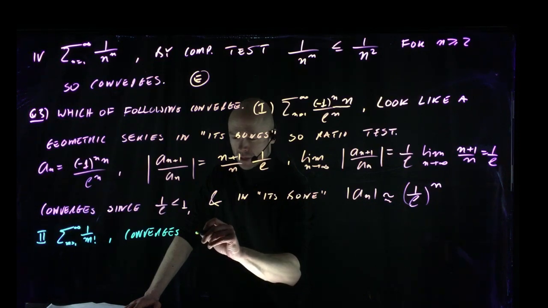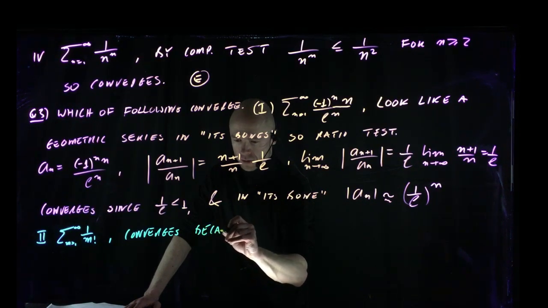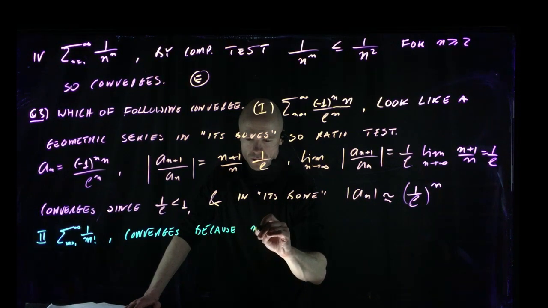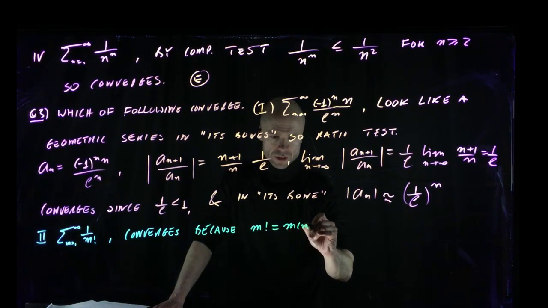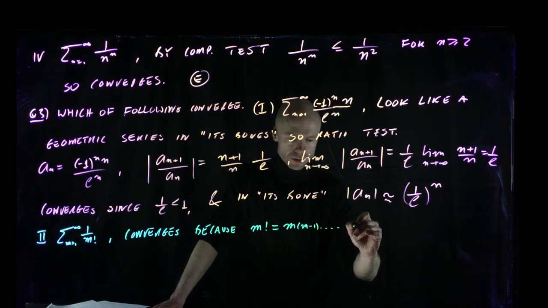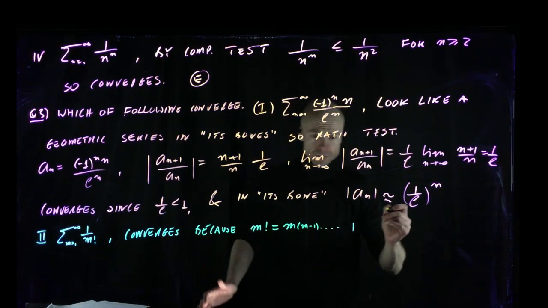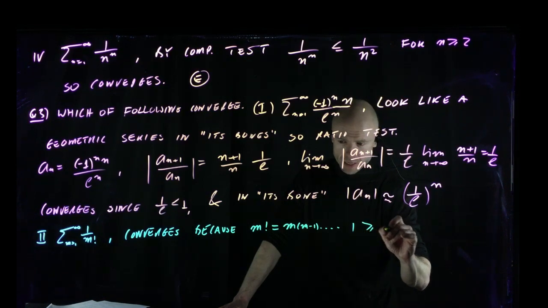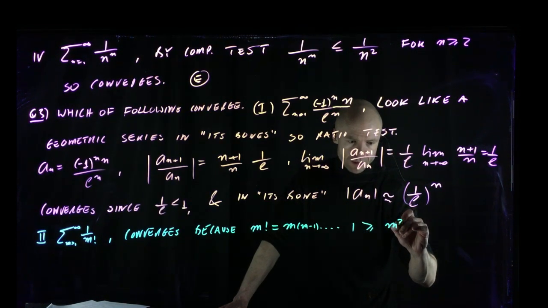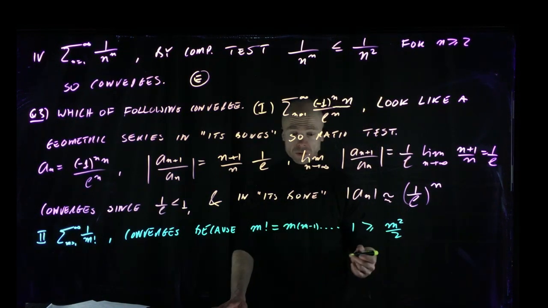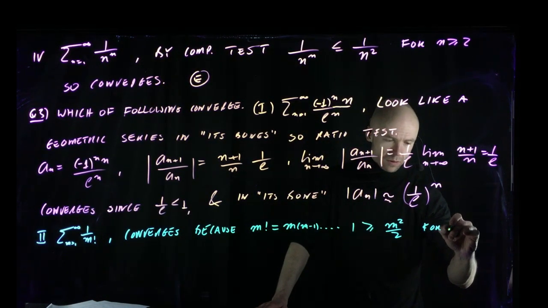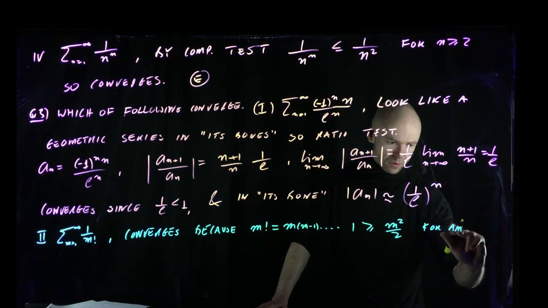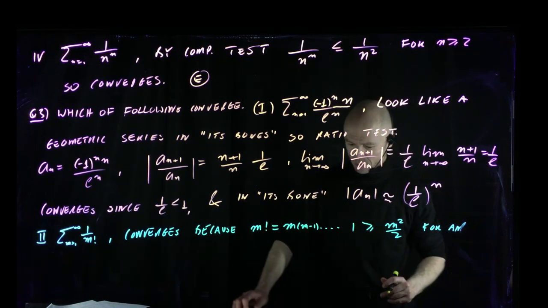So because m factorial is m times m minus 1, and so on, in particular, it is bigger than m squared over 2 for any m, right? Just because of the first two terms.